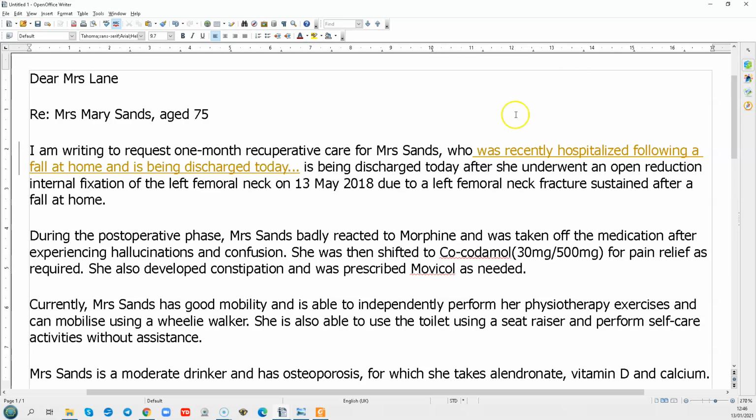That's all we need. We don't really need all this. Okay? We don't actually need that. But the purpose, request 1 month recuperative care. Okay? Right, yeah. So, that's good.